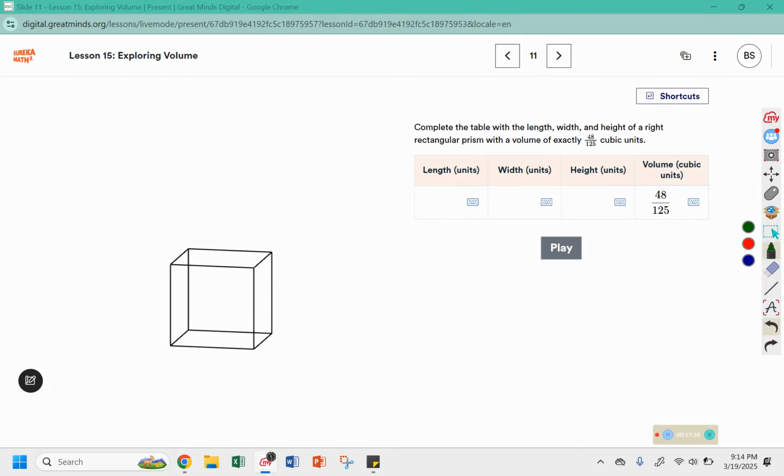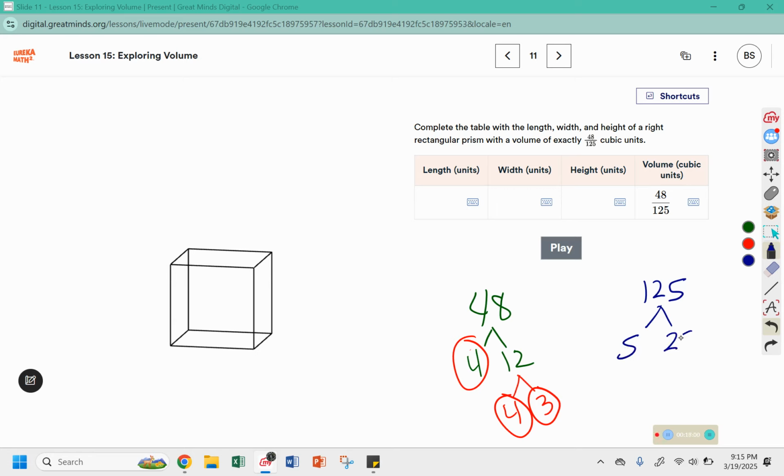What are some ways that I can get 48? 4 times 12. I can split 12 into 4 and a 3. So I could use a numerator of 4, 4, and 3. 125 is 5 times 25. And 25 can be broken up into 5 and 5. So I could use 3 5s for the denominators.